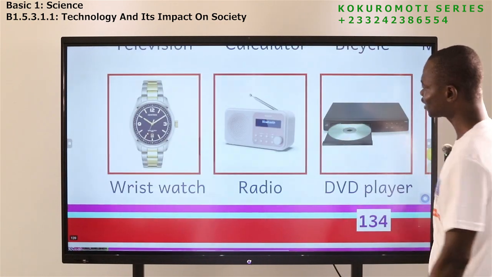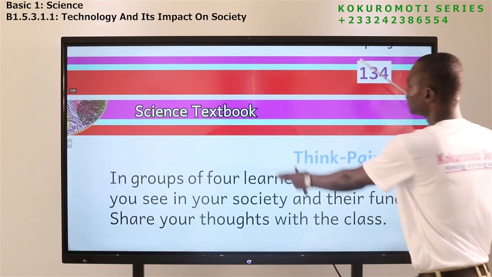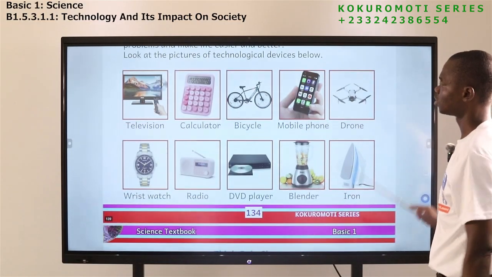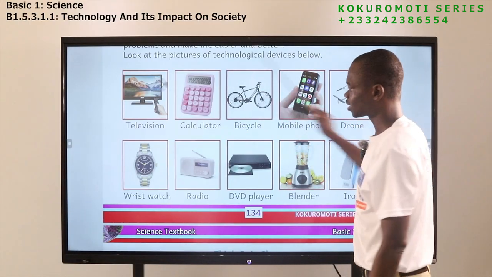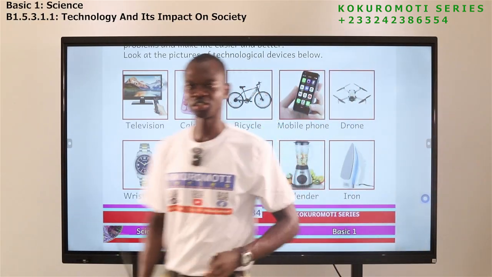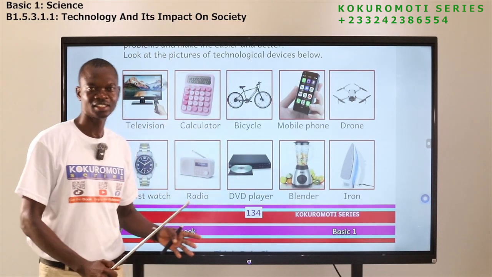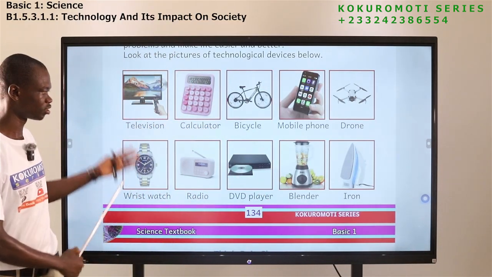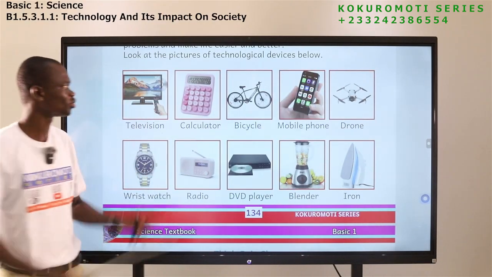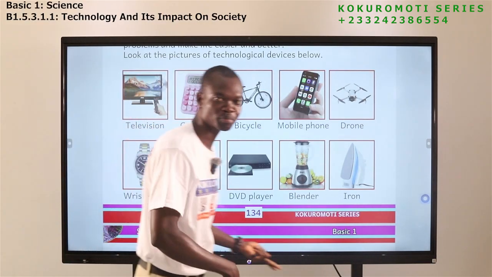Okay, let's move on. So these are some examples of technological devices. If I ask you to mention examples of devices that we have as a result of technology, you can mention these and other things. Okay, so this TV is one, it's a smart board.